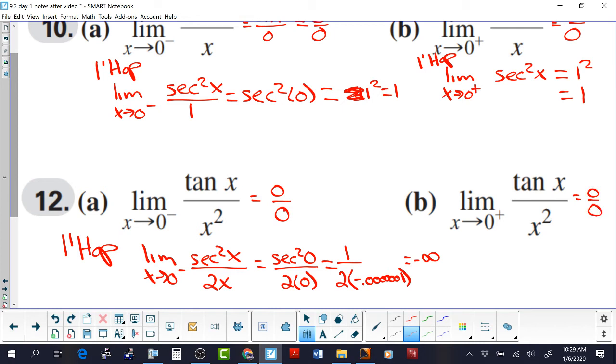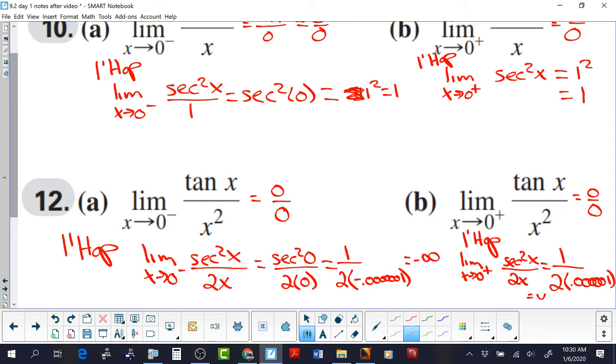This is 0 over 0. I can do L'Hopital's. So we have the limit as x approaches 0 from the right of secant squared over 2x. That's 1 over 2 times something really small, but positive now. We're on the positive side of 0. So this is going to positive infinity.